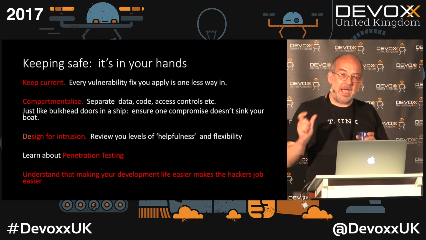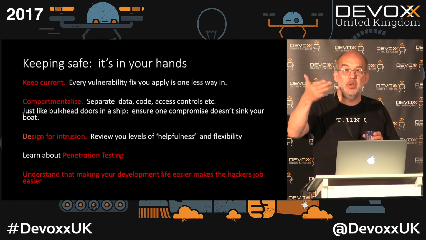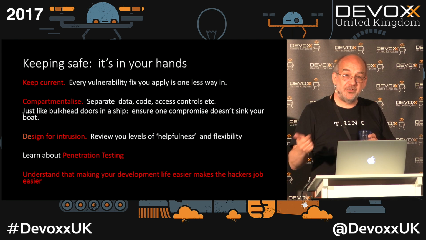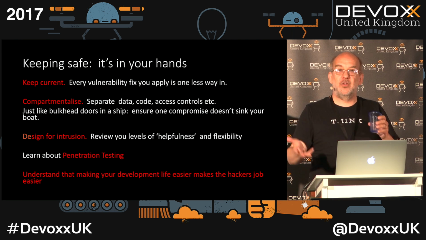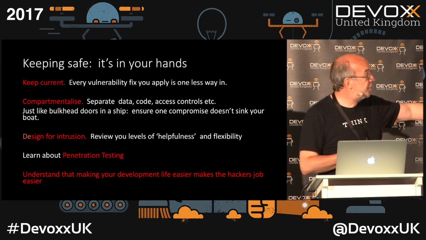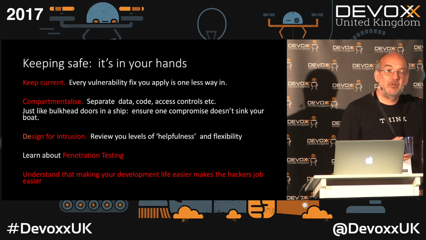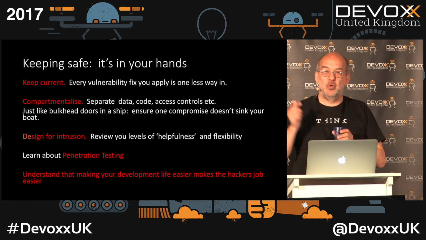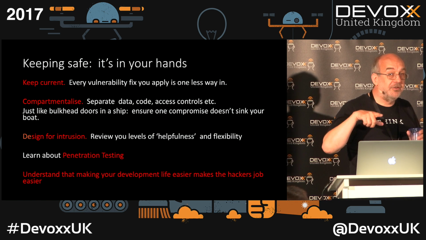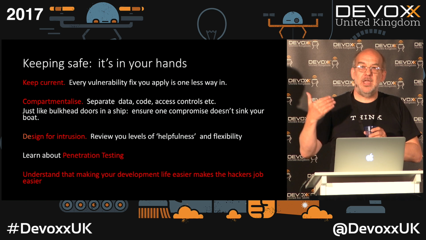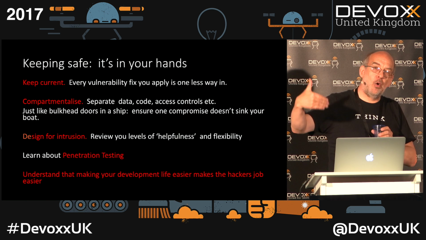Put your own white hat on and start thinking about when you write code, how much of the helpfulness, the genericizing, the "I can do anything here" approach is going to make you vulnerable. And I would also suggest, in general, that you go learn about penetration testing. It's not a Java thing, but when you see what professional penetration testers who are looking to get into your system do, they will show you how they get in.